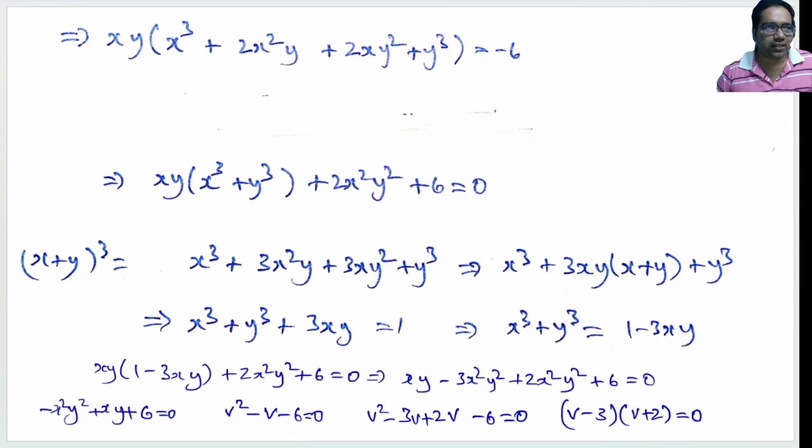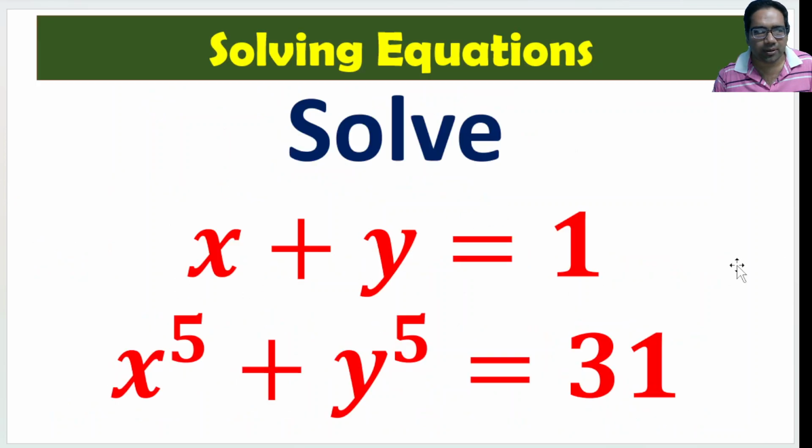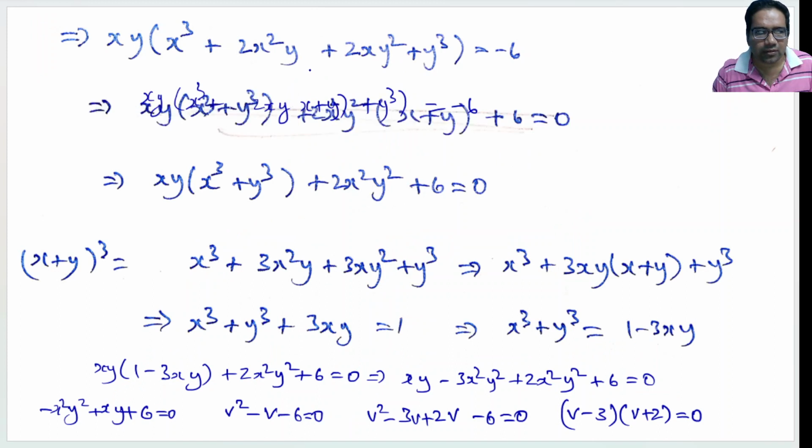Basically, what we are doing here is xy times x cube plus 2xy times x plus y plus y cube equals minus 6. This x plus y is anyway equal to 1, that was the original problem.